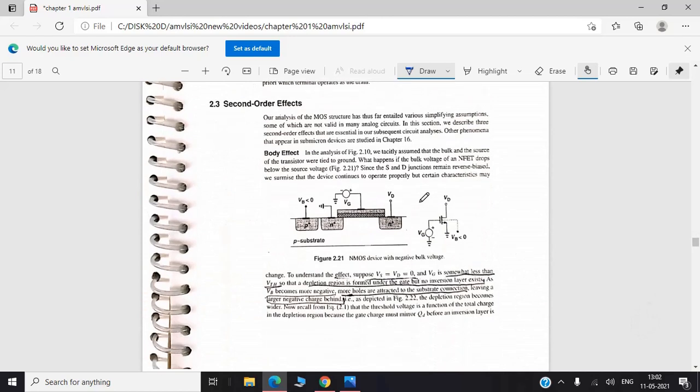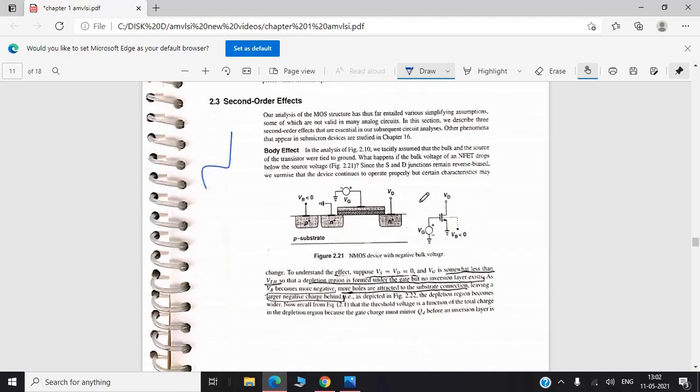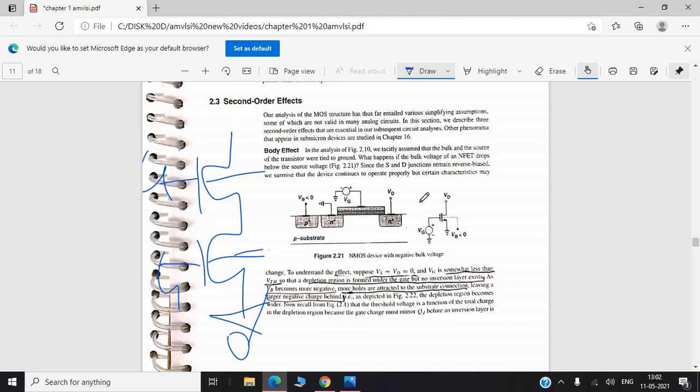First is body effect. Body effect means when n number of transistors are conducting in series. So this is the gate, and these are the substrate connections which have to be connected. If this is 0, the substrate also has to be connected to the lower potential, that is it has to be 0. But when this is also connected here, this VB will not be equal to 0.